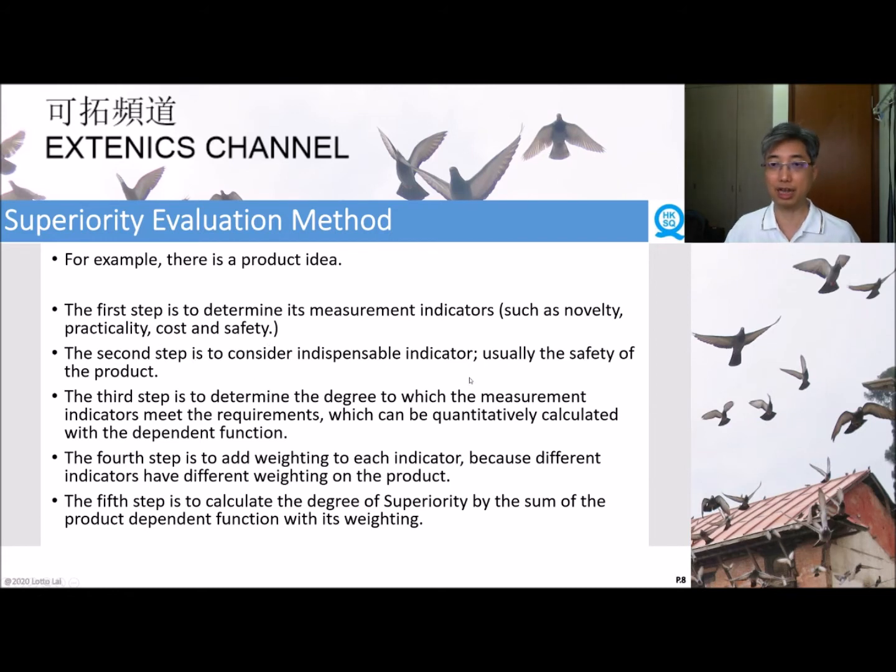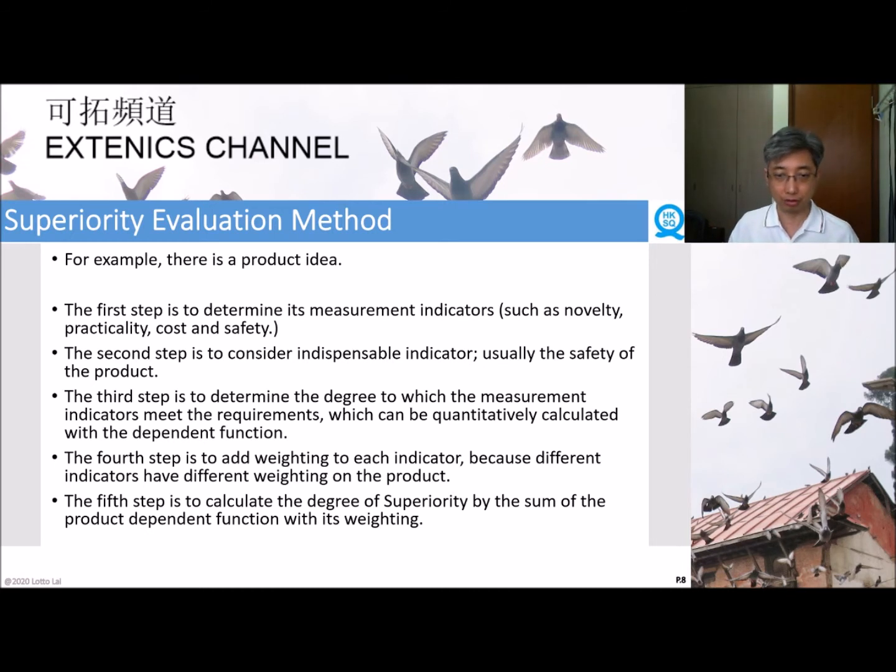The second step is to consider the indispensable indicator. It means you must fulfill it, otherwise we cannot go ahead. That is usually the safety of the product. The third step is to determine the degree to which the measurement indicators are within the requirement, which can be quantitatively calculated with their dependent function.